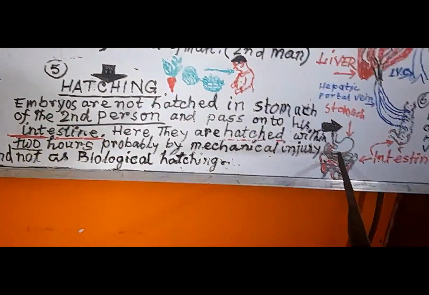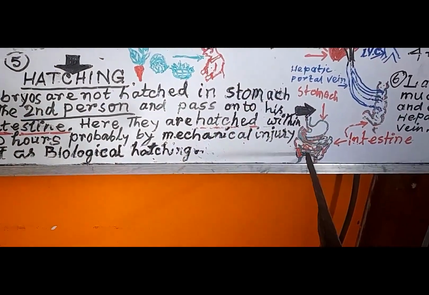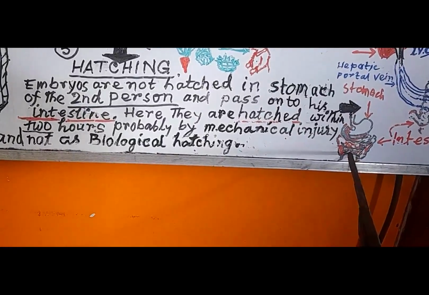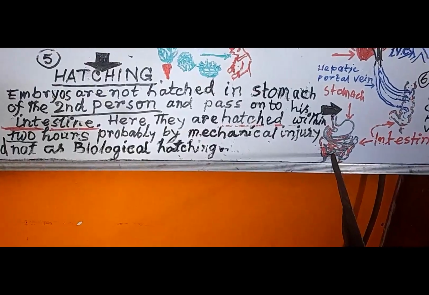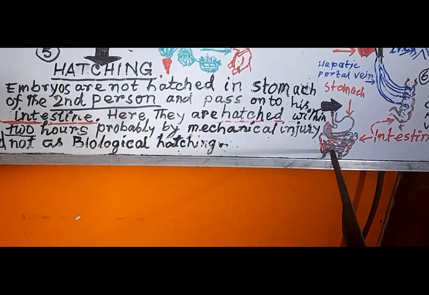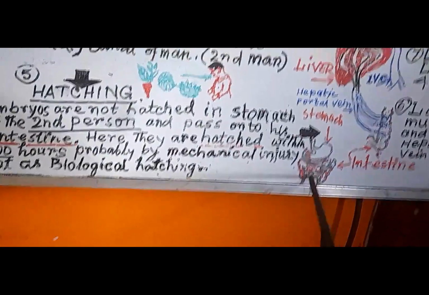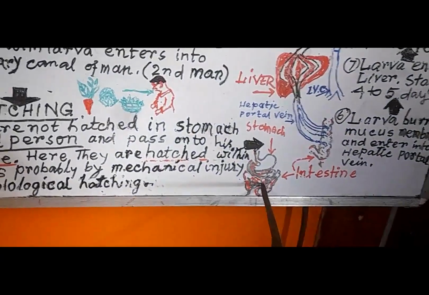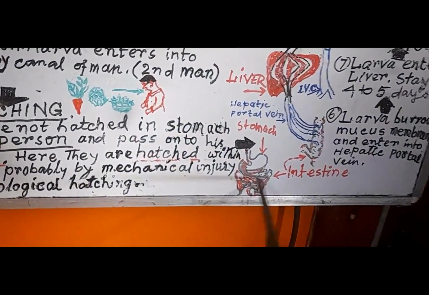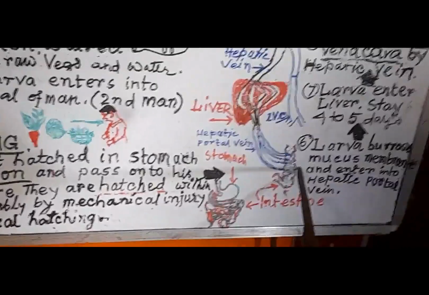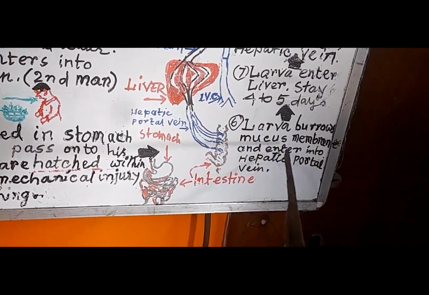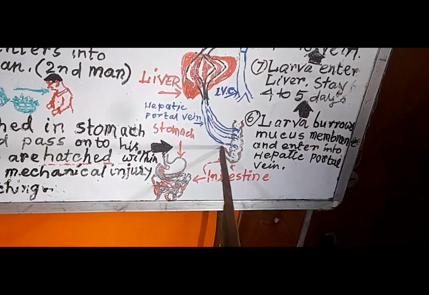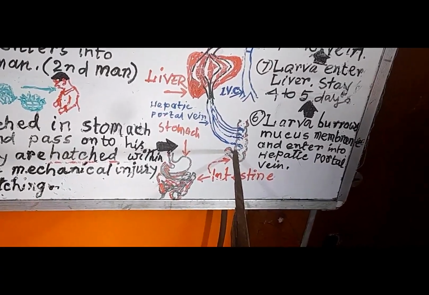Now they go to the intestine, where they are hatched within 2 hours by mechanical injury and not by biological hatching. Then what happens in the intestine? It is drawn here. In the intestine, the larva burrows the mucous membrane and enters into the hepatic portal vein.